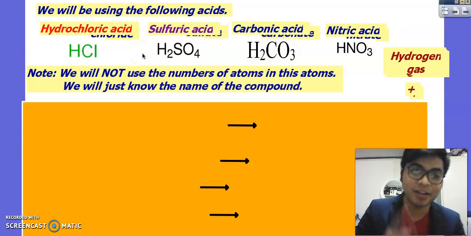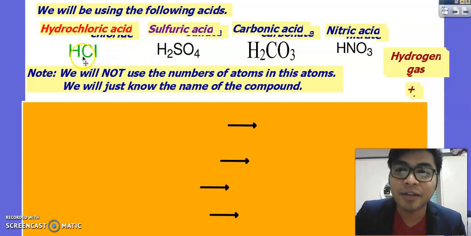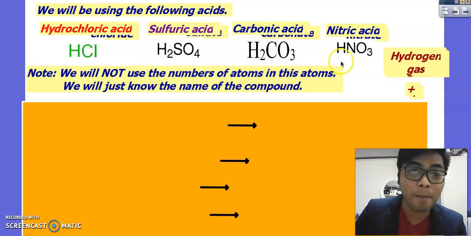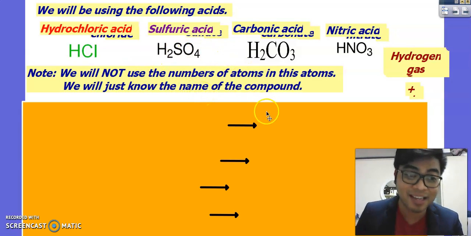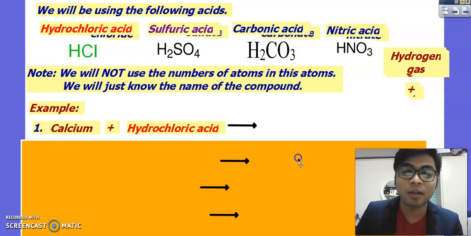Where? Very good, we usually see the hydrogen as the first element of each compound. However, in this discussion, we will not use the numbers of atoms in the compound. We will only need the name of the compound, so no need to memorize the numbers here. Just memorize the chemical formula. Okay? So let's take a look at example number 1.